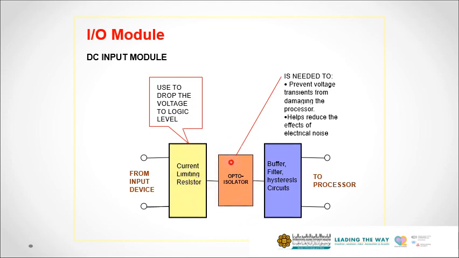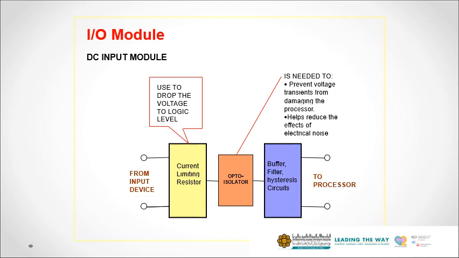This opto isolator is helpful to isolate the input from the PLC devices, so that if something goes wrong on this side, the PLC, which is an expensive one, will not be affected. And you have a buffer, filter, hysteresis circuit, all these things. After that, it will go to the processor to do the logic evaluation.